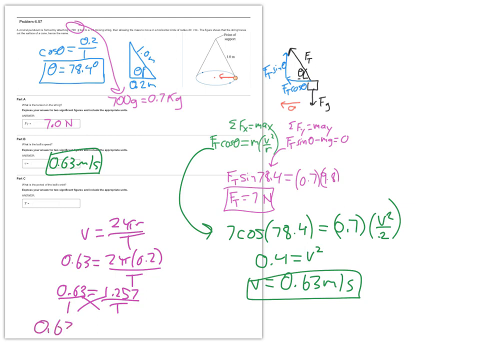And we get 0.63 T equals 1.257. We solve for my time, for my period, and I end up getting 1.99 seconds. Rounded to 2 sig figs, it's just going to be 2.0 seconds. There's my answer to part C.